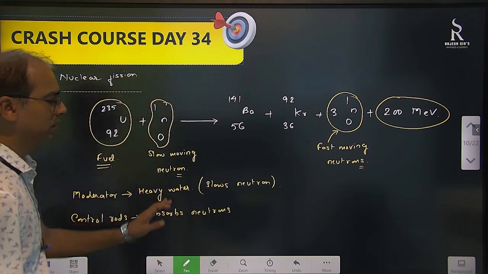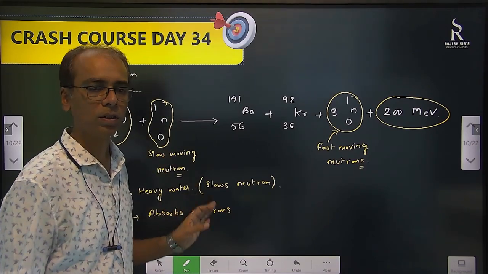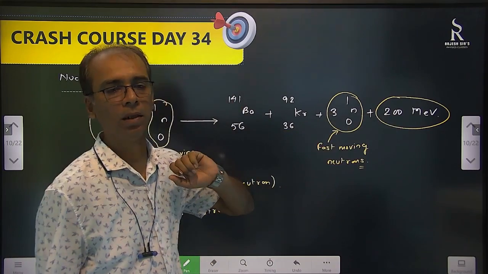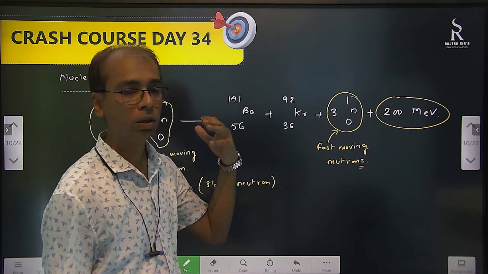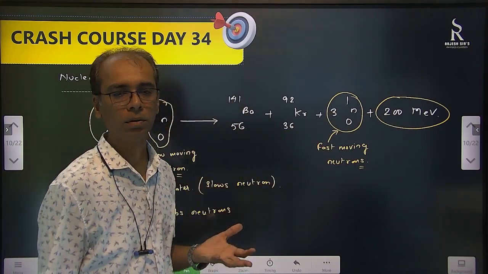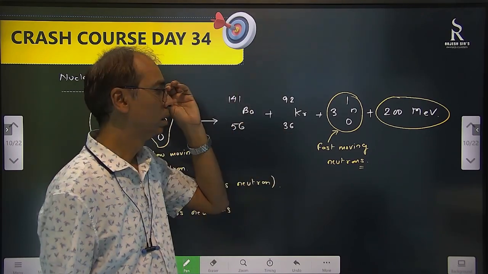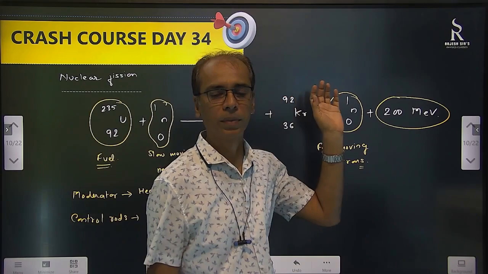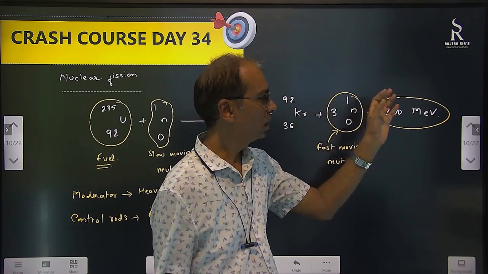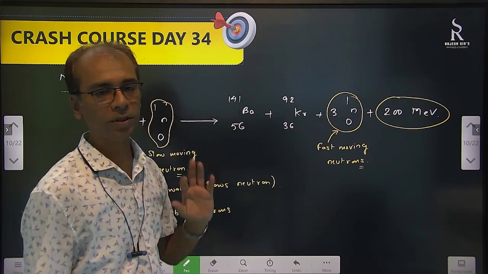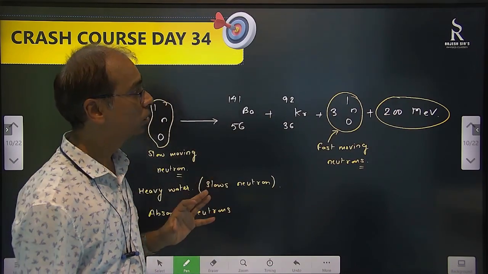These are the 2 things that we use for controlling the process. The 200 MeV of energy, what do we use it for? We use this to heat the water, make steam, and we run the turbine with this steam, and then we produce electricity. This is what happens in a reactor.